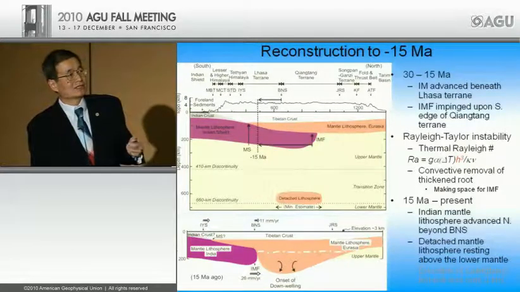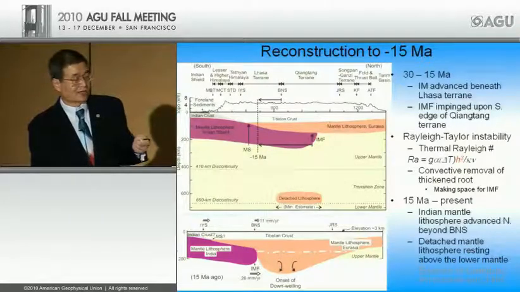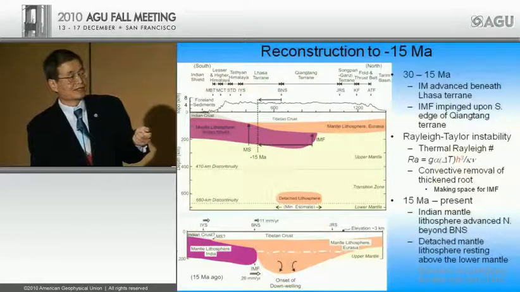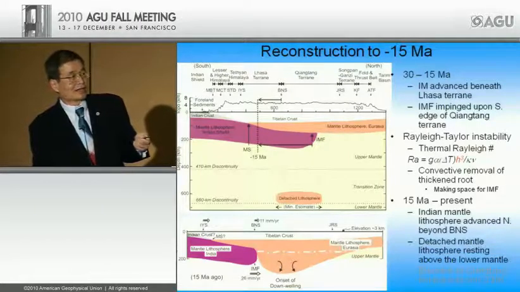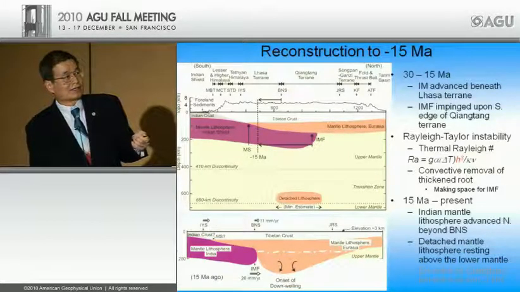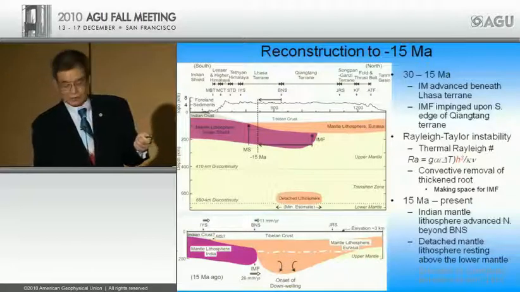And at this point, convection should kick in and remove this thickened chunk of the lithosphere. How does this work? Well, look at the thermal Rayleigh number, which really controls the convective instability of the boundary layer.